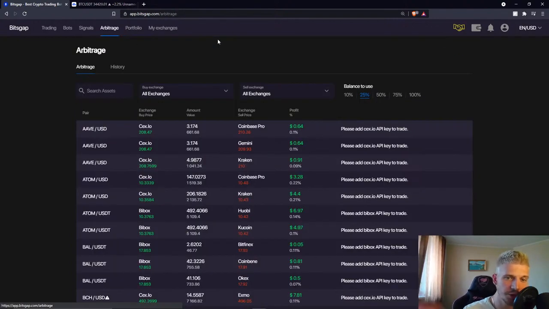So the arbitrage is the second priority in that case, because as the market evolves, it becomes a bit more efficient. In that sense, there are fewer arbitrage opportunities out there.